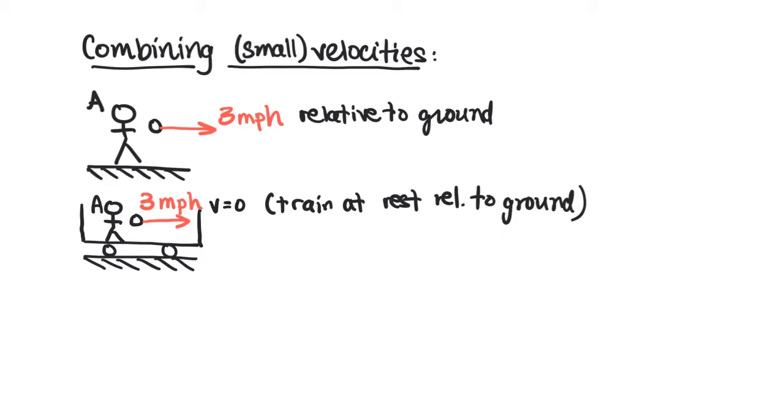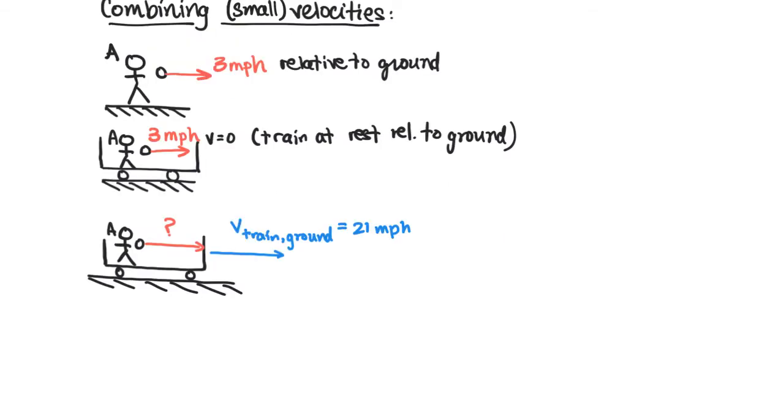So once again, we'll draw Alice on the train, but this time we'll let the train move like this. And given that we know the train is moving at 21 miles per hour relative to the ground, and we know that Alice can throw the ball at 3 miles per hour relative to the train, we want to know what is the speed of the ball relative to the ground.